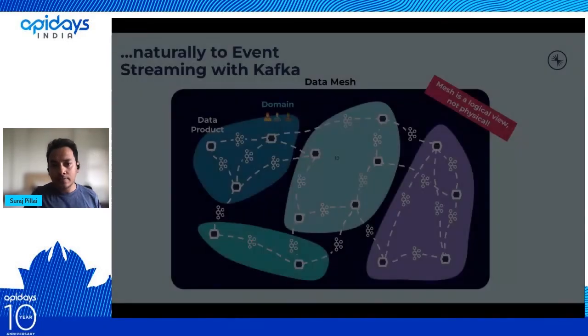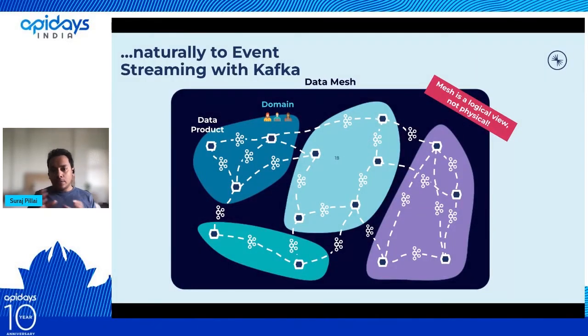So how can I do that? One of the natural fitments to this particular scenario is Confluent and Kafka. You have all these data products which are there, and the way you would share all these data products is possibly via Kafka.